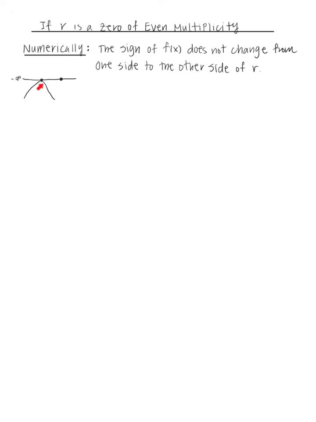So if this is r, then the signs of f of x are both negative, which indicates that it's going to go below the x-axis. Graphically, as we talked about, the graph just touches the x-axis. It's not going to cross it. So that always happens if r is a zero of even multiplicity.